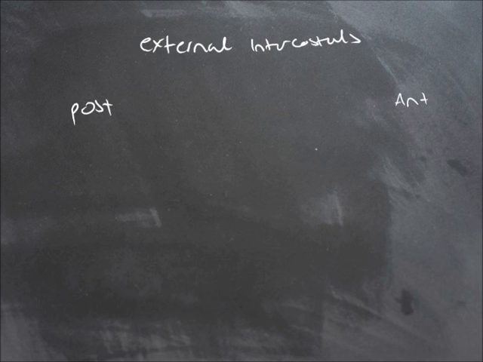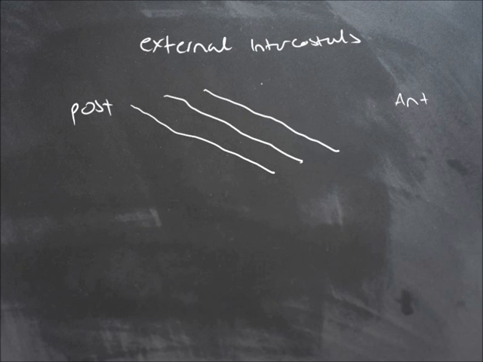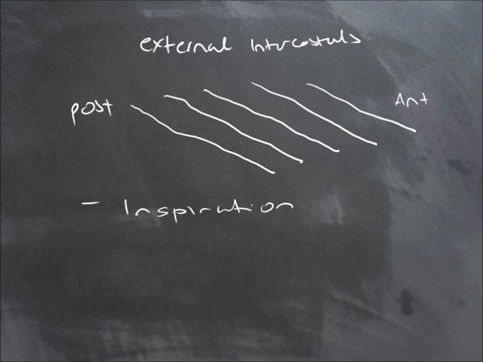And these have a waistcoat pocket orientation. So fibers go from posterior to anterior, like that. And these muscles help with inspiration, drawing breath into the lungs.